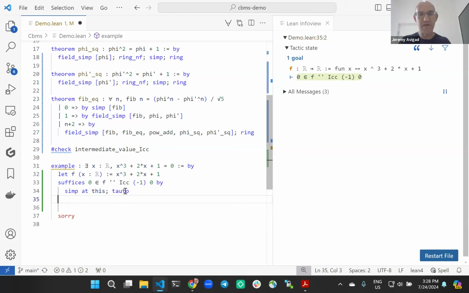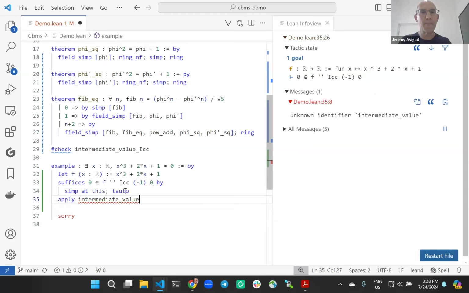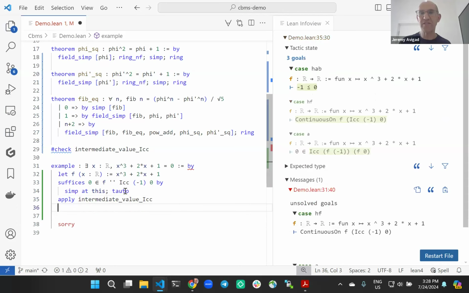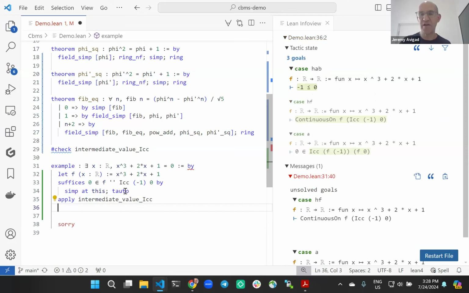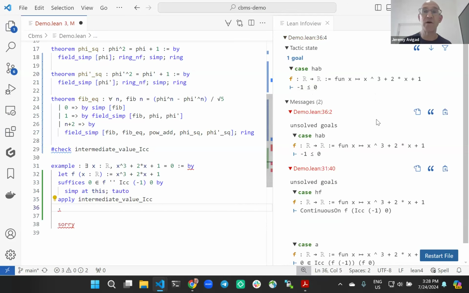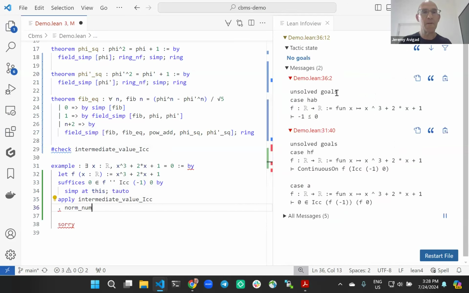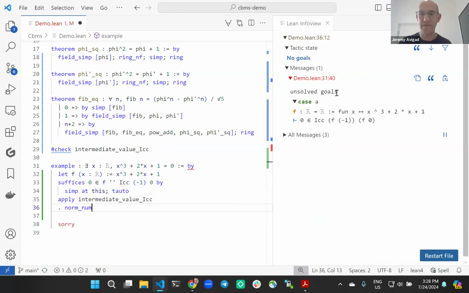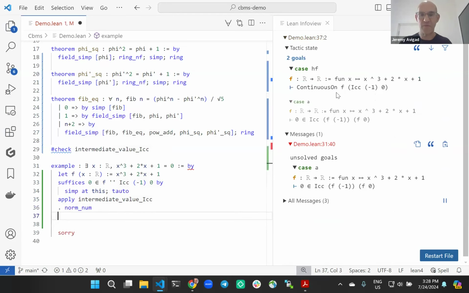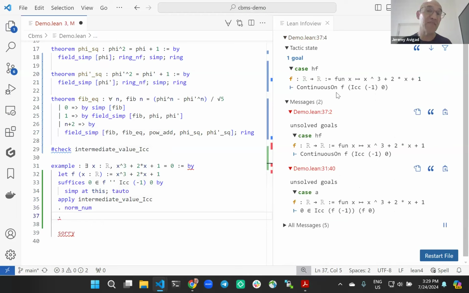And now to prove the statement, we want to apply the intermediate value theorem. And now Lean shows us that there are 3 things we need to prove. So first of all, we need to show that -1 is less than or equal to 0, which we can do automatically. The second thing we have to prove is that f is continuous on that interval, but f is a polynomial, and Lean has automation that can figure out that a polynomial is continuous.